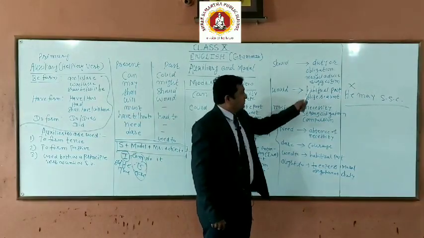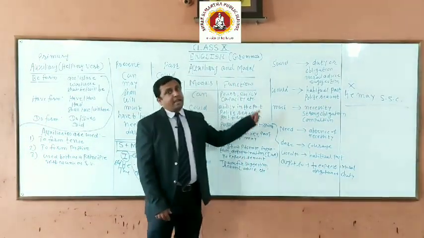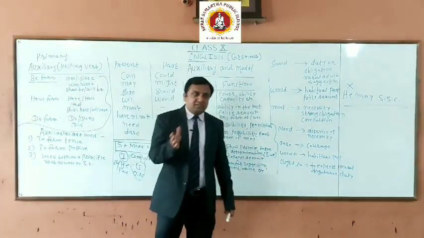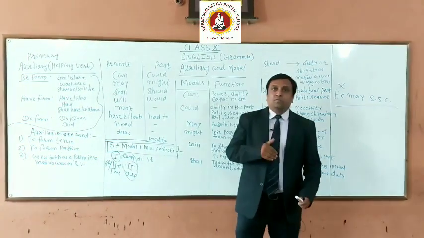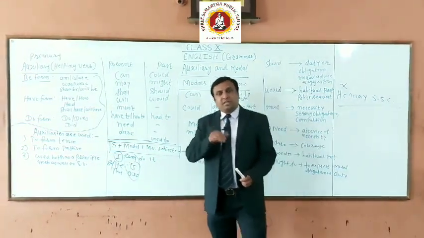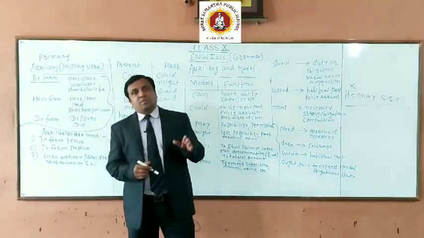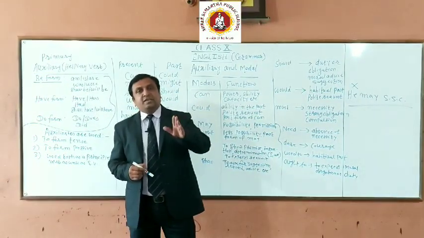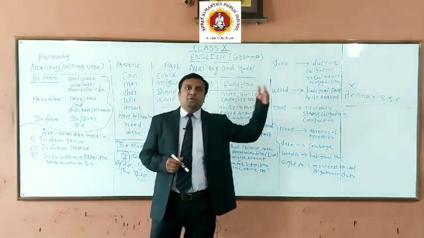Now would is used to express habitual past. When we want to talk about a past habit, for that purpose would or used to is used, for something I was following regularly in the past.